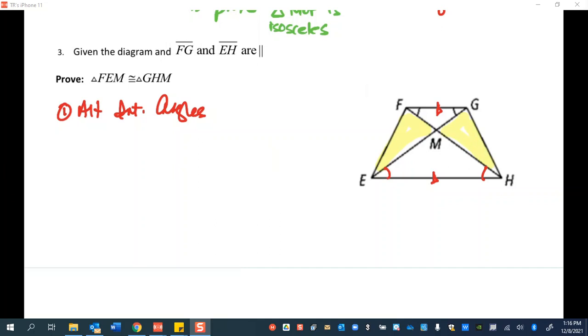Let me ask you a question. What kind of triangle is FGM? How do you know? So triangle FGM is isosceles. So that's going to give me these, right?